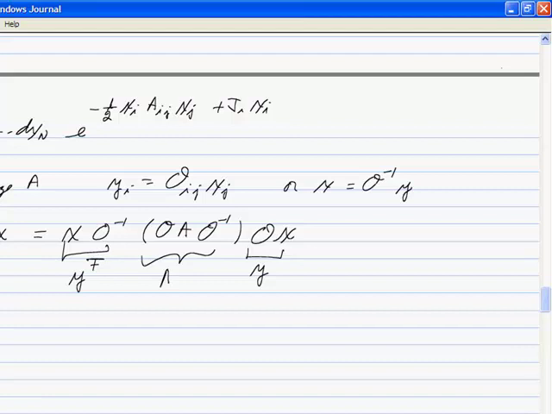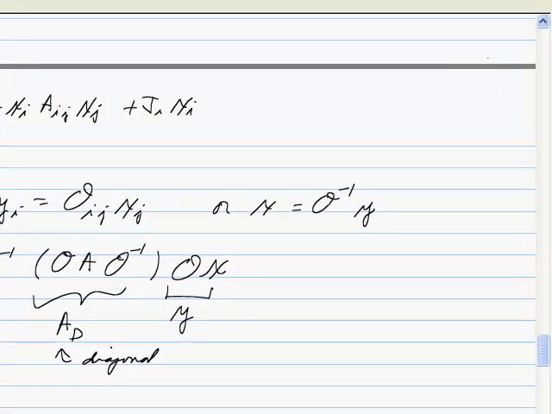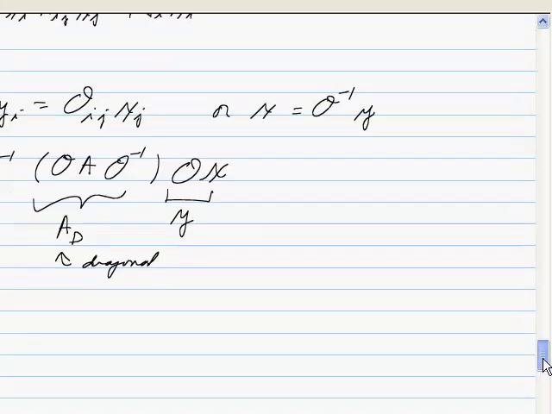This will be A diagonal. Okay? So this is diagonalized by an orthogonal matrix, since it's a real symmetric matrix to start with.